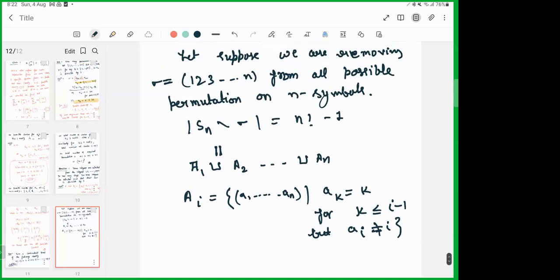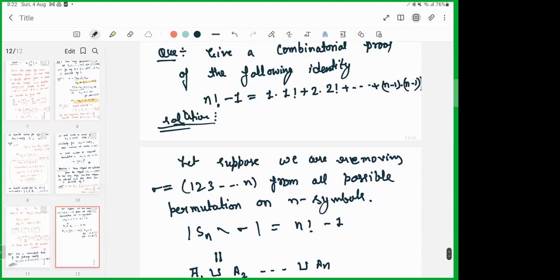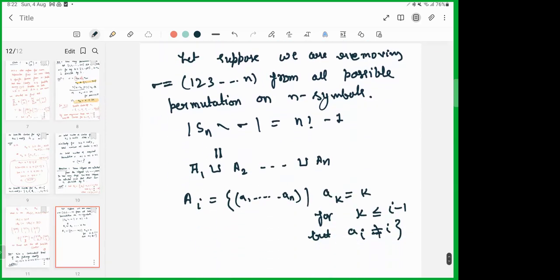Now let me explain why I write it this way. In this permutation sigma, one thing is special: on the first slot one lies, on the second slot two lies, on the third slot three lies. Suppose on the first slot one does not lie, then the permutation is in A1. If it has one in the first slot, then it lies in something else. Then in the second slot it may or may not have two.